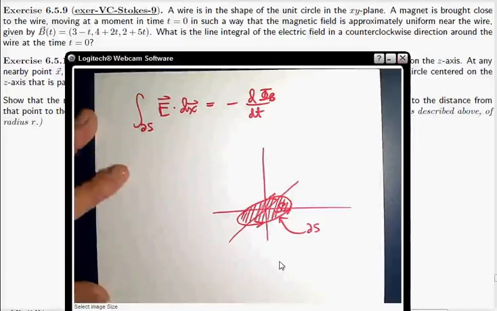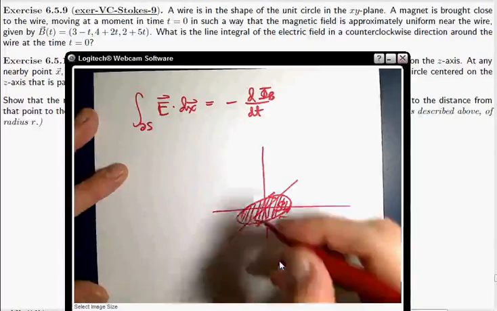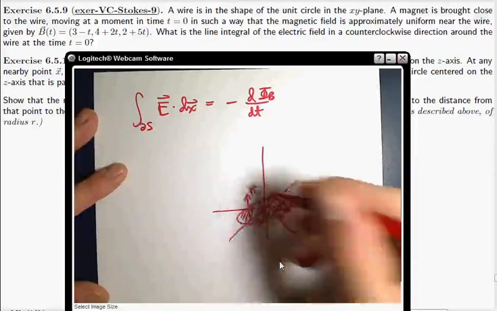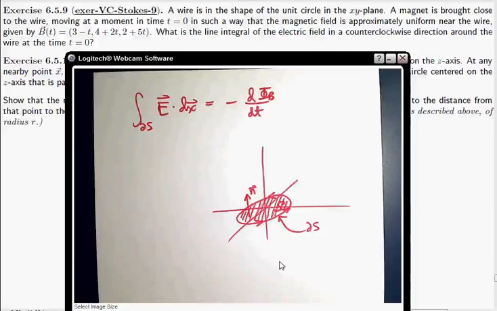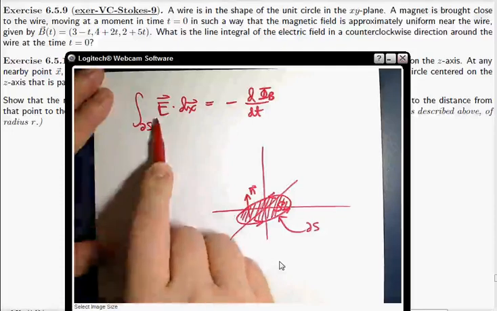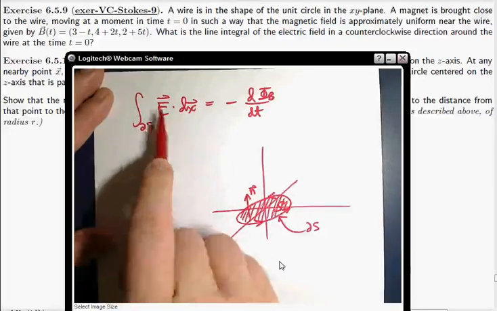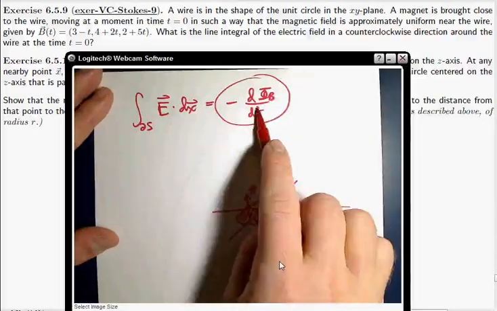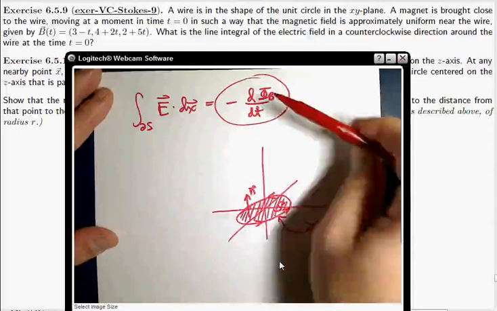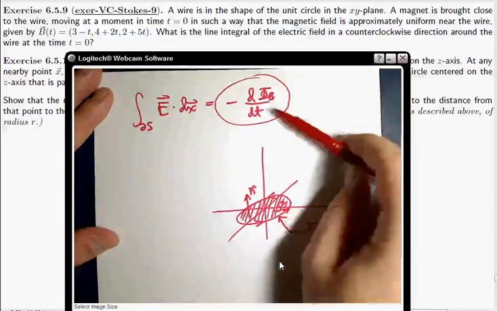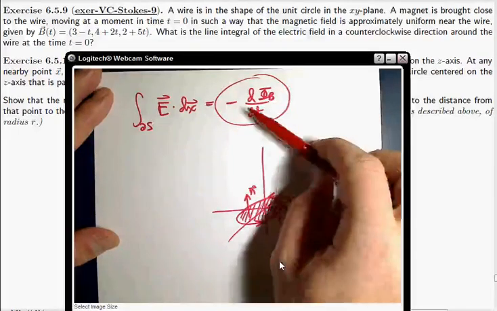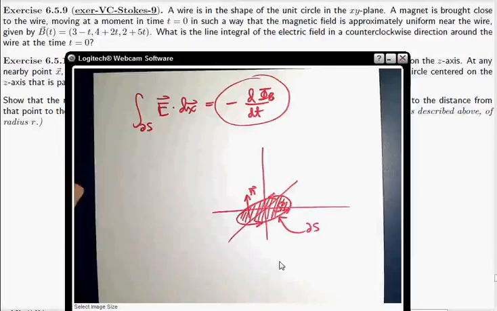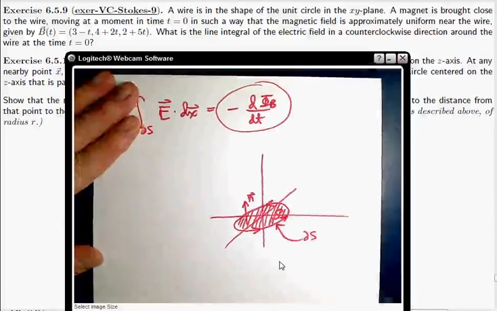Well, that curve, counterclockwise around that circle, is the boundary of the upward-oriented surface S. So that means that the line integral of the electric field around the boundary of that surface is the negative time derivative of the magnetic flux. So I'm just going to compute the magnetic flux, take the time derivative of it, and multiply by a minus sign. Does that make sense? You see how this Maxwell's law is helping us out?